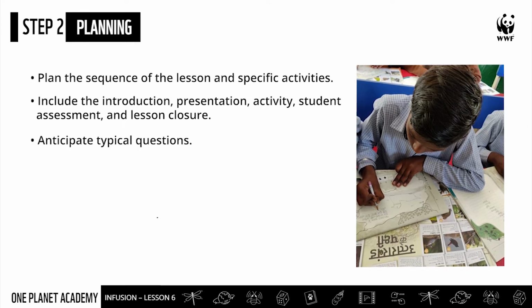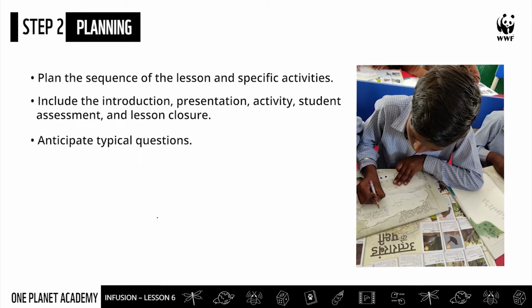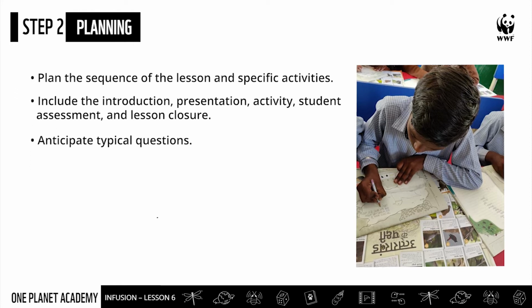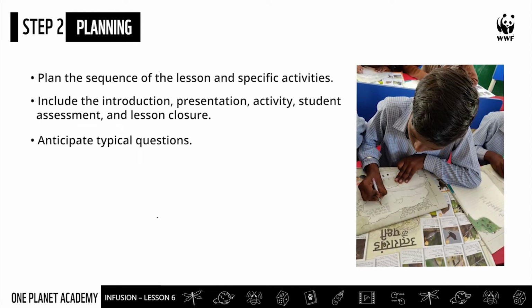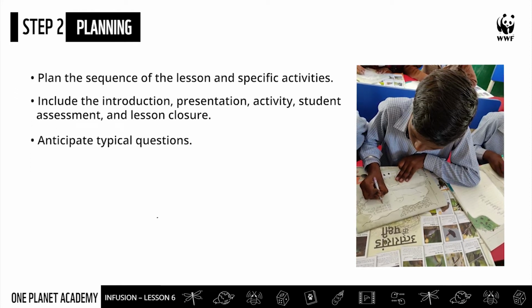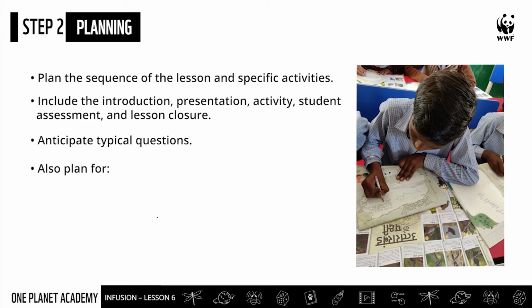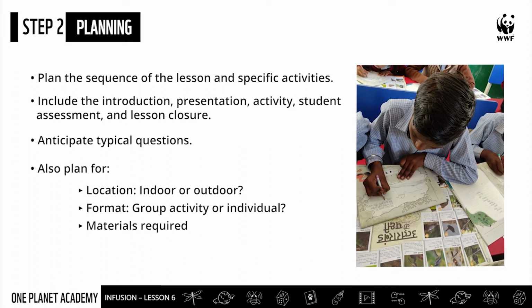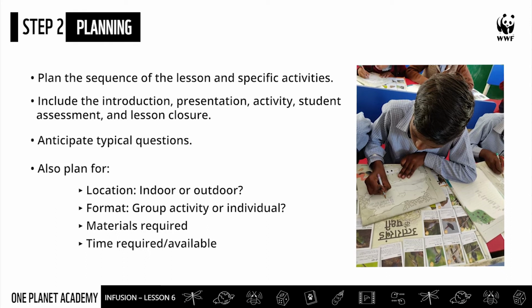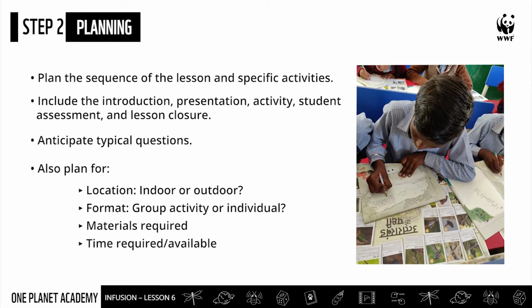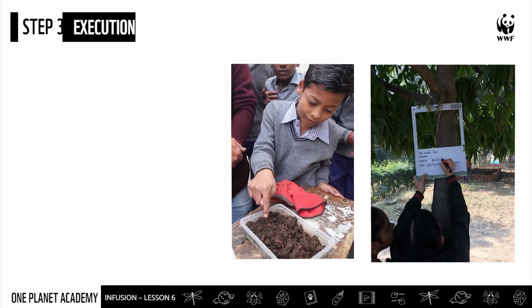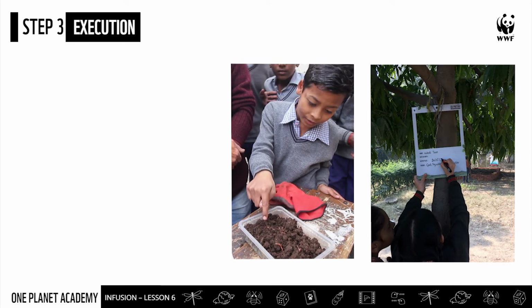Make sure to spend some time thinking of and preparing for typical questions that students may raise during the infusion lesson. Also plan ahead for outdoor activities and any possible requirements for those, such as a first aid kit. The next step involves conducting the infusion lesson.